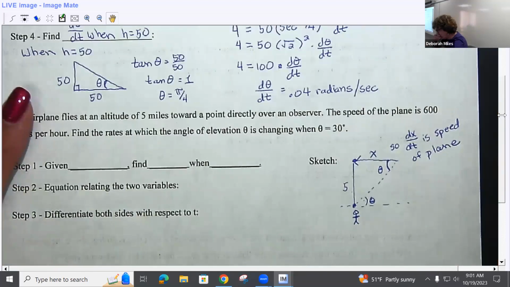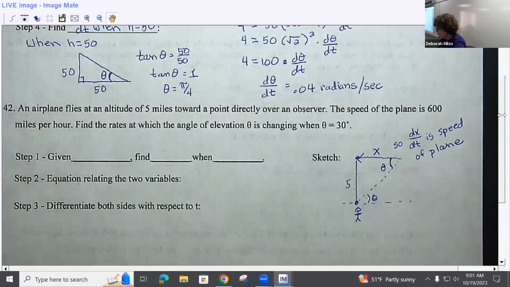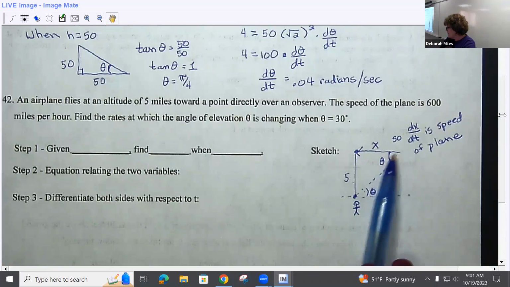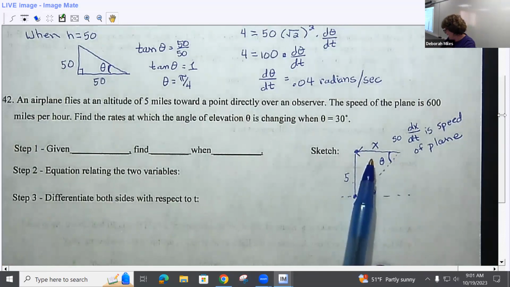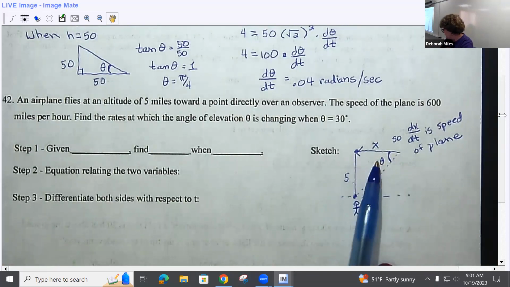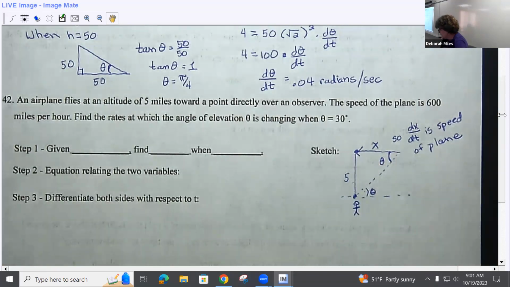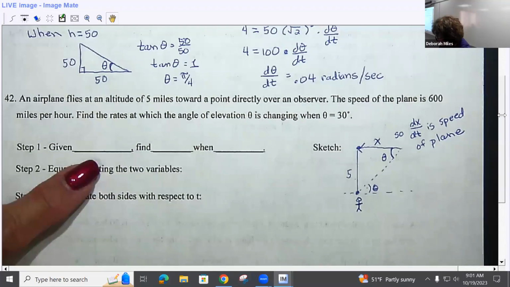If you call it speed of plane, you may be thinking, why is that the speed of the plane? But if you think about it as the change in x, how x is changing with respect to time, then that makes sense. That's exactly what speed is. So the speed of the plane is 600 miles an hour.